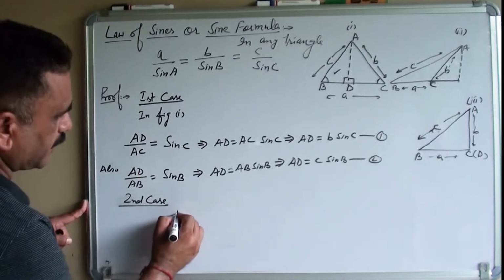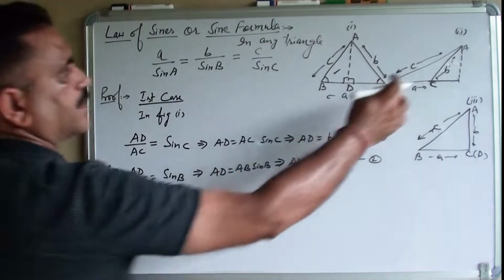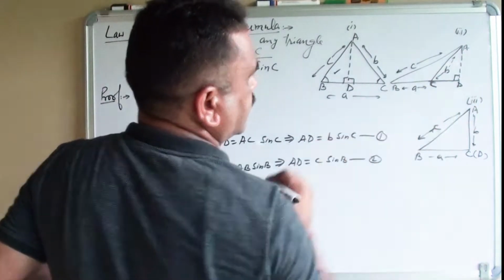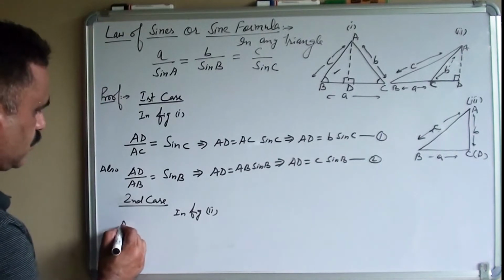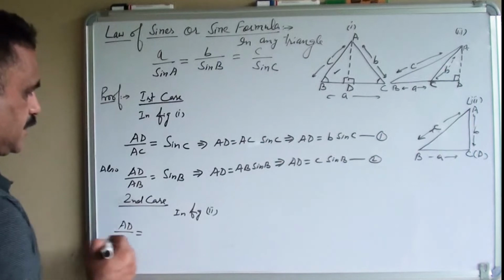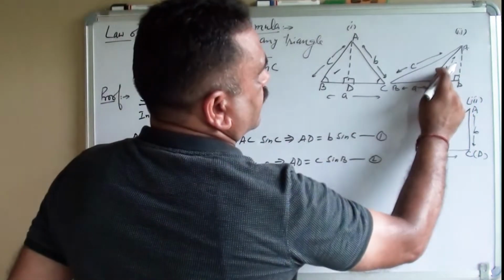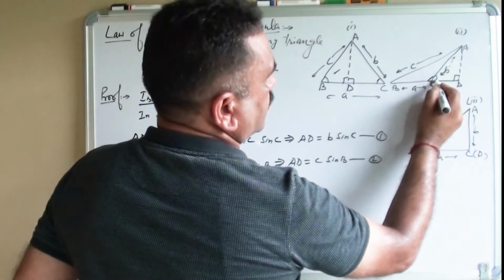That is in this figure, again this is 90 degrees, this is D. So what is AD upon AC? This is equal to sine of the angle. Now see from here, if this angle is C, what is this angle?